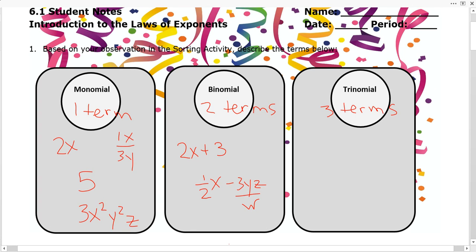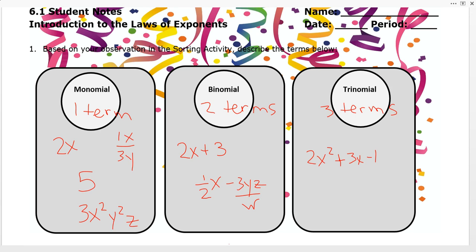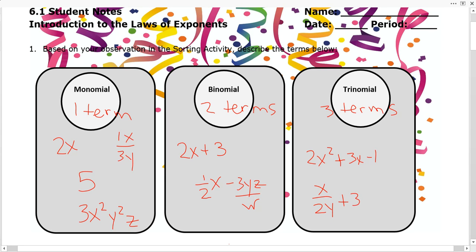That's a binomial. So the whole adding and subtracting is what makes it a binomial, and a trinomial, of course, is then going to be three terms. Anything with three terms, as long as they're separated by your pluses and your minuses.